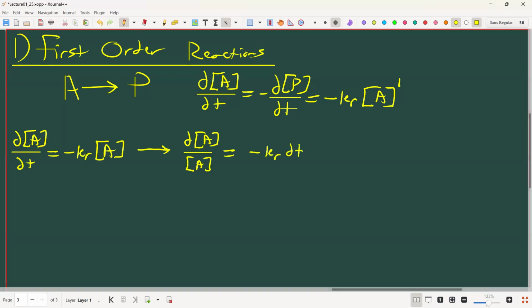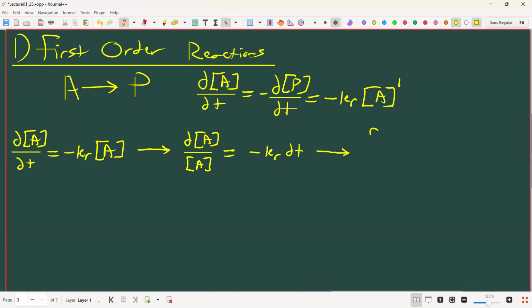I've separated the two differentials and combined like terms, so I have a t on this side and A on this side. This is just the most basic differential equation in the world, a separable differential equation. I can integrate both sides of this and use the fundamental theorem of calculus to calculate the value of A at any time t.